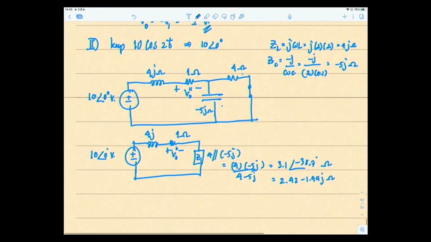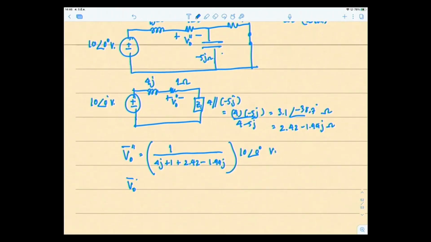So, using the voltage divider, it becomes 1 ohm divided by 4j plus 1 plus 2.42 minus 1.94j, times 10 angle 0 degrees volt.